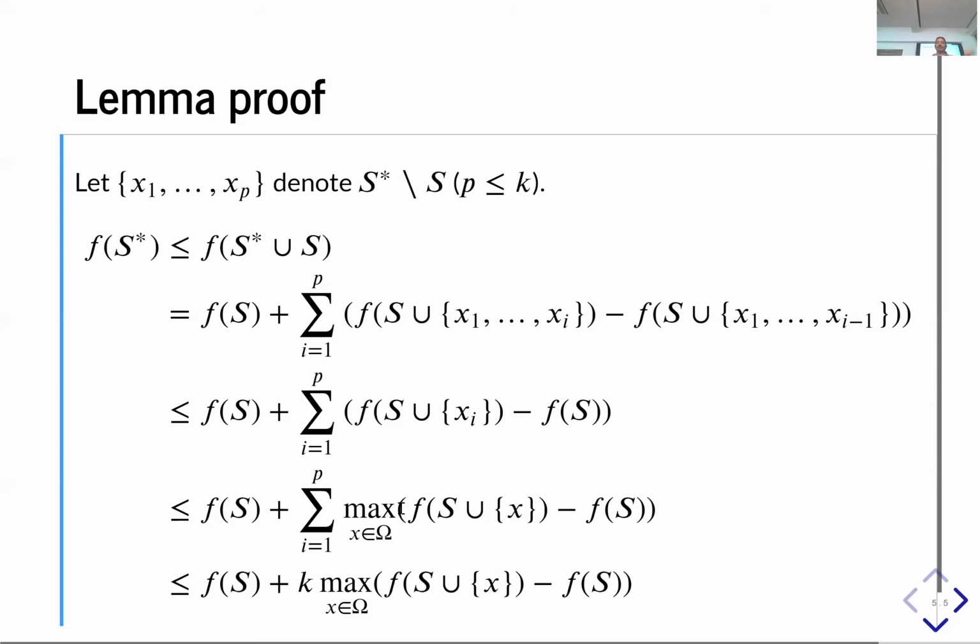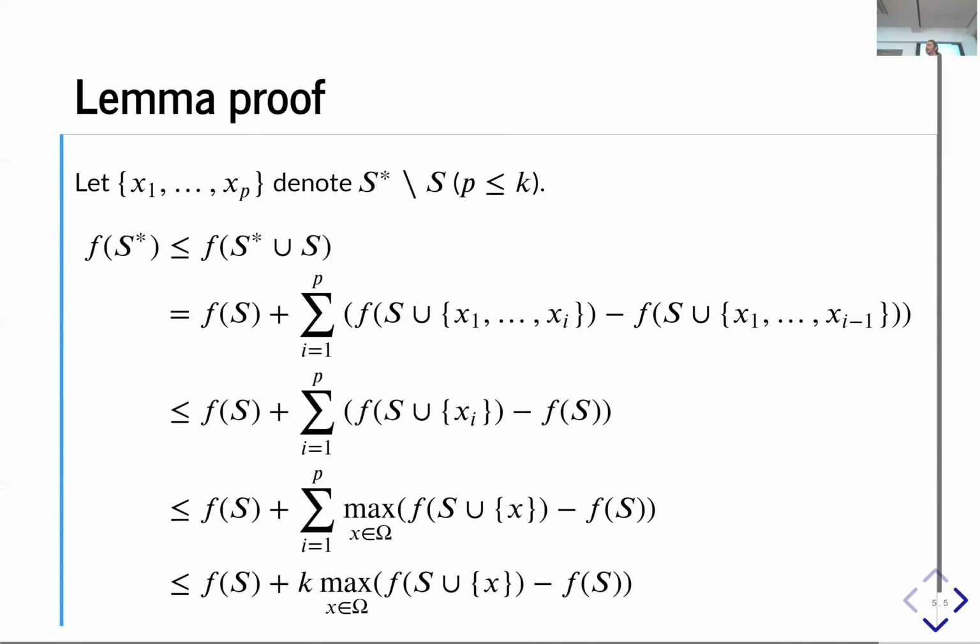Now remember that p is the number of elements between S star and S, the number of missing elements, and there are at most K of them. So F of S star is at most F of S plus K times the marginal value. You just have to shift the terms the other way around to get the lemma.